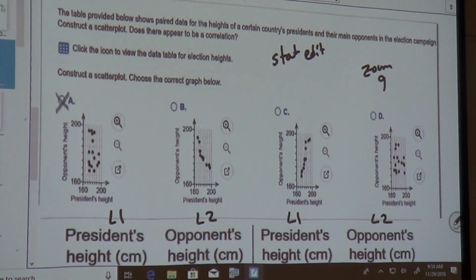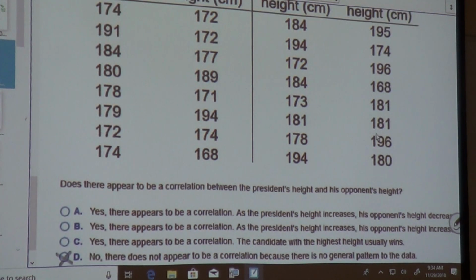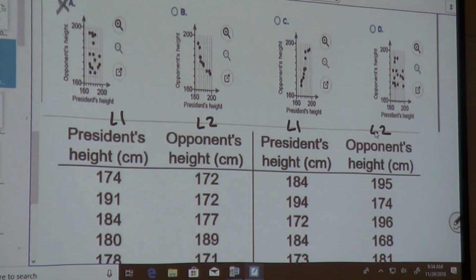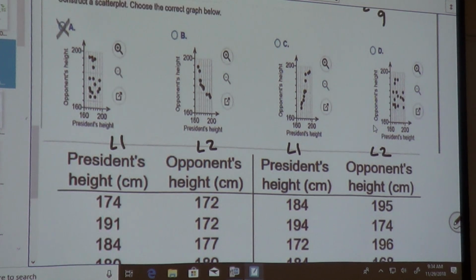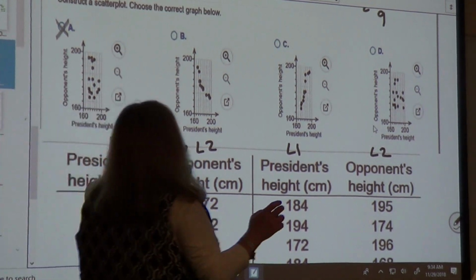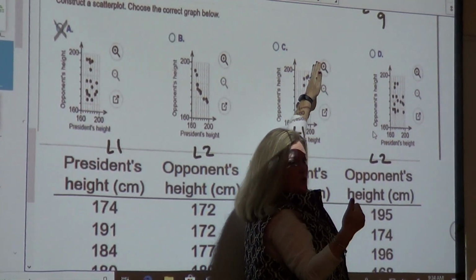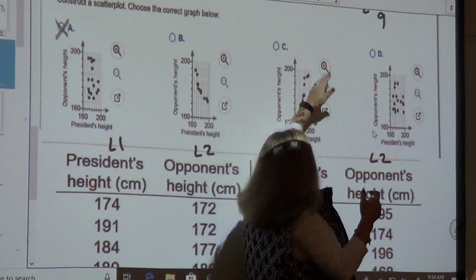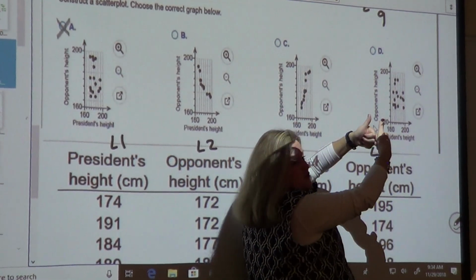And then if they ask you, I think this one asked you, did it have a correlation or not? This one was all over the place, so it didn't have a correlation. If it goes uphill, you would say yes, it has a correlation, and as one increases, the other increases.